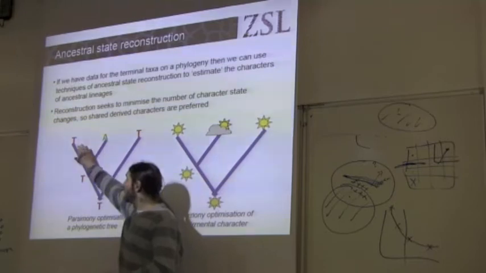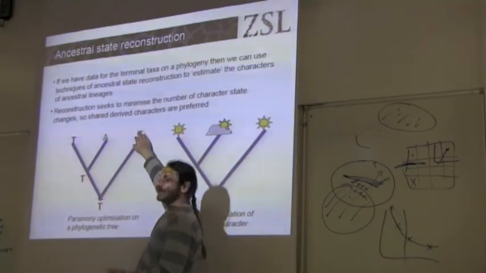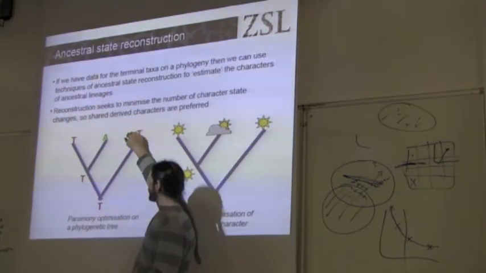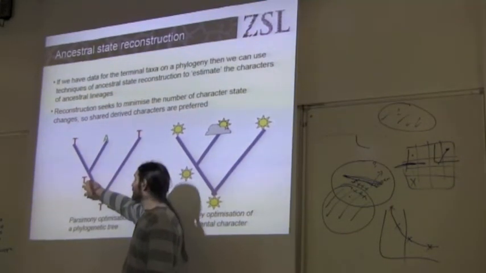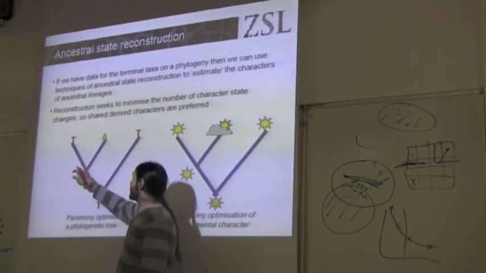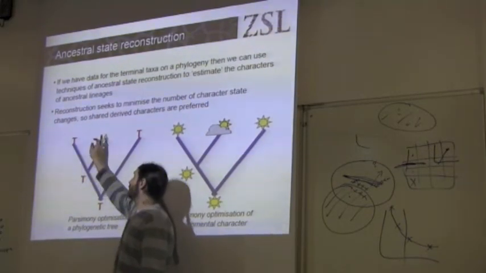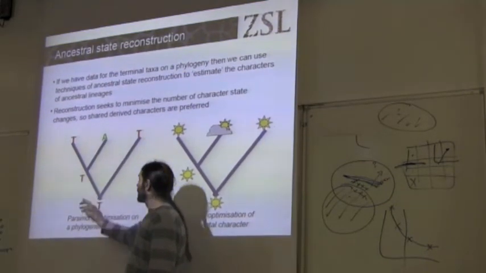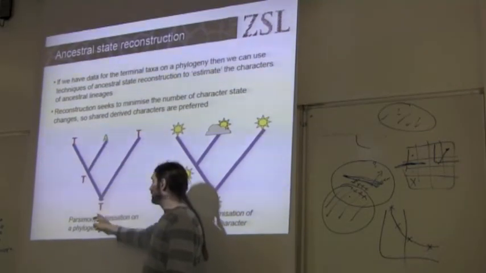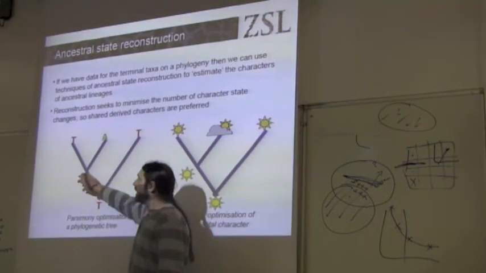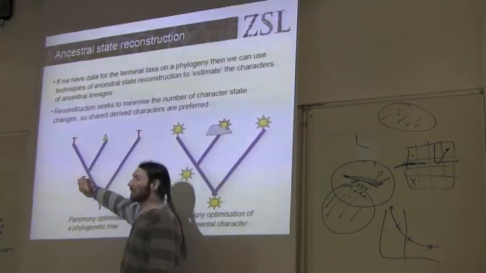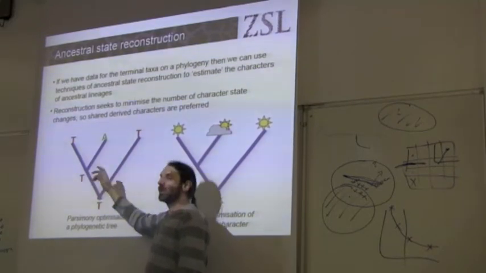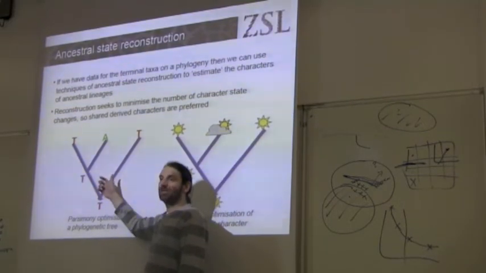So if we look at the observed states for the present day, we can infer that for this tree, the ancestral character to the most recent common ancestor for these two organisms was this character state. And further down, we can say the same thing. If we use any other combination for this ancestor and this ancestor, we would infer more evolutionary character state changes.